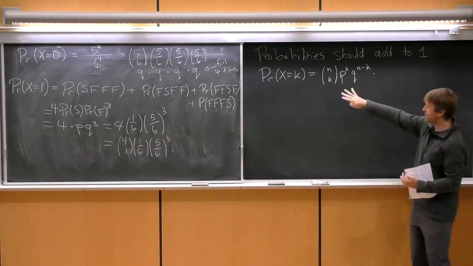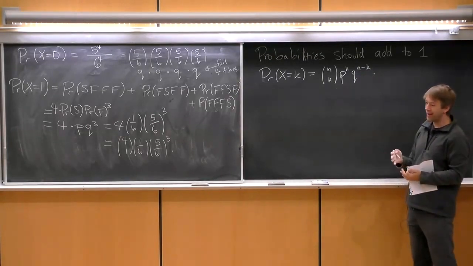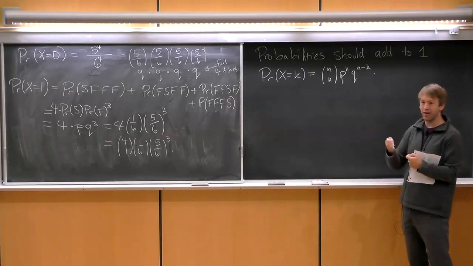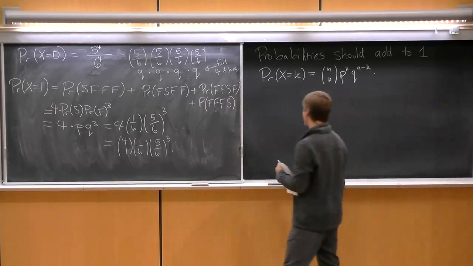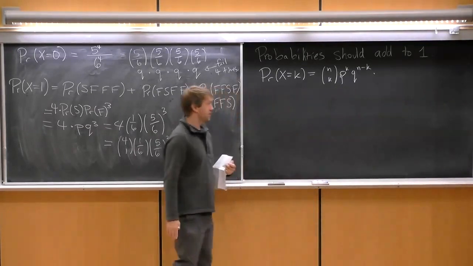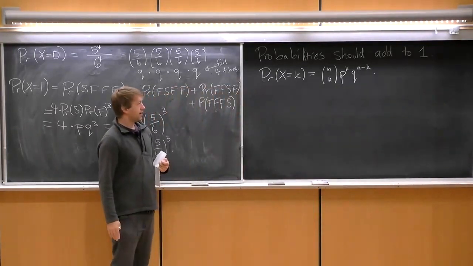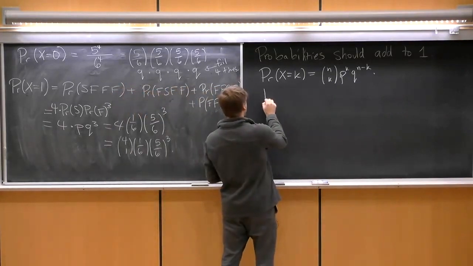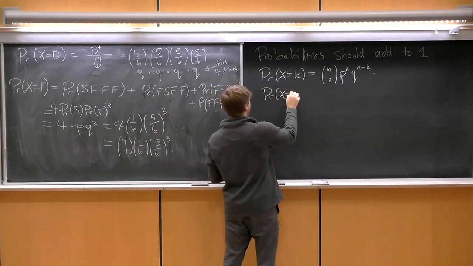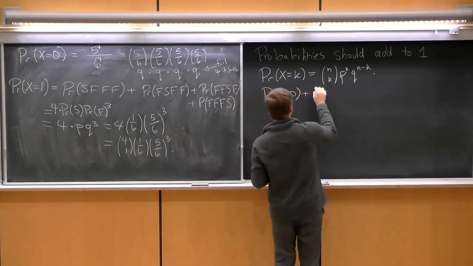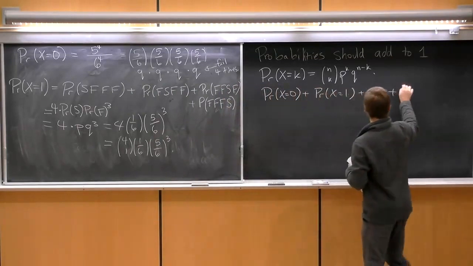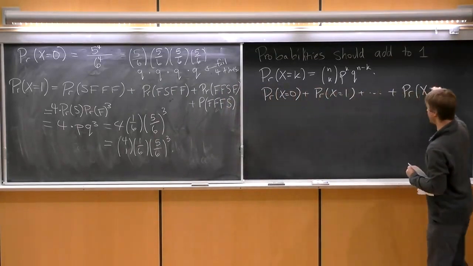It seems like a very strange formula. Why would I take this strange formula, add it over all values of k, and get 1? It seems a bit suspicious. So let's take the probability x is 0 plus the probability x is 1 plus and so on up to the probability x is equal to n.